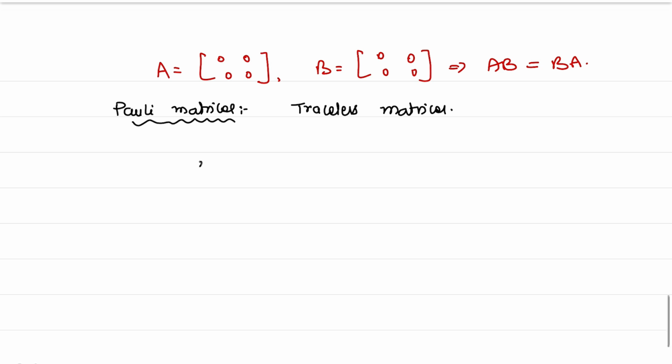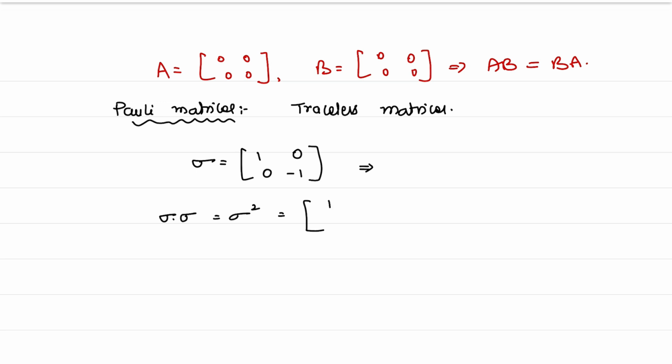And one of the Pauli matrices, let us say 1, 0, 0, minus 1. This is one Pauli matrix. What happens? Sigma into sigma, that is sigma square.